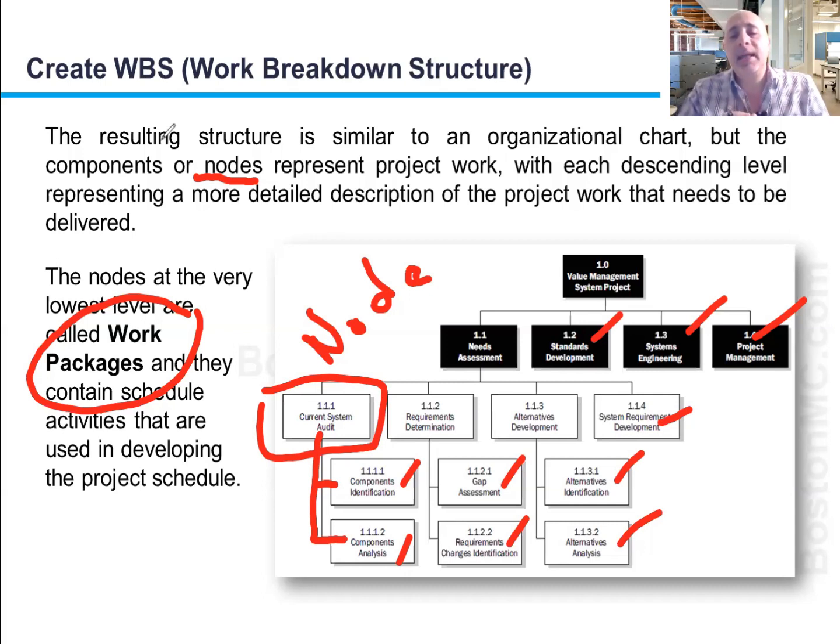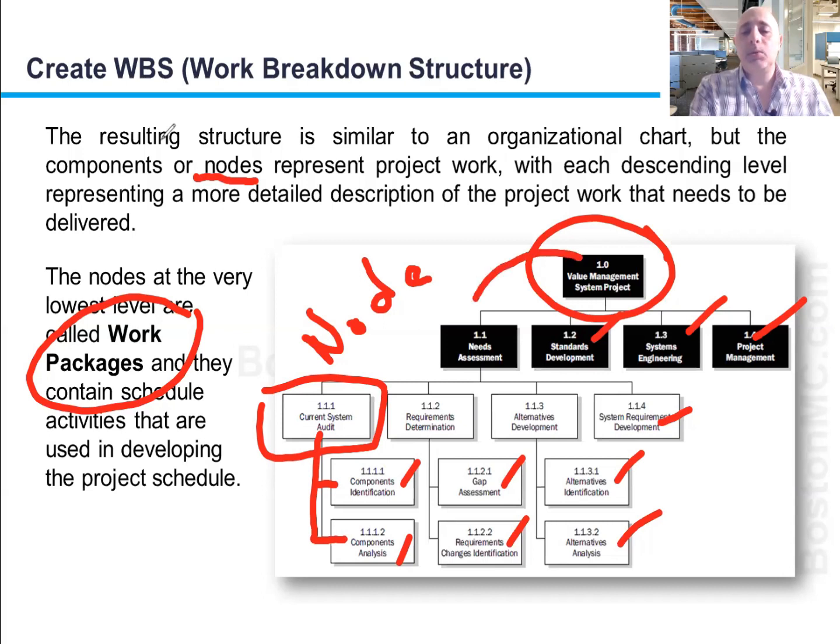So you could have a name sequence, name.this.that, according to what the packages are, or it can be just numbers like you see here, starting from 1 at the very top, and then going down to 1.1, and then if you follow the sequence here, 1 to 1.1 to 1.1.1 to 1.1.1.1, like that.